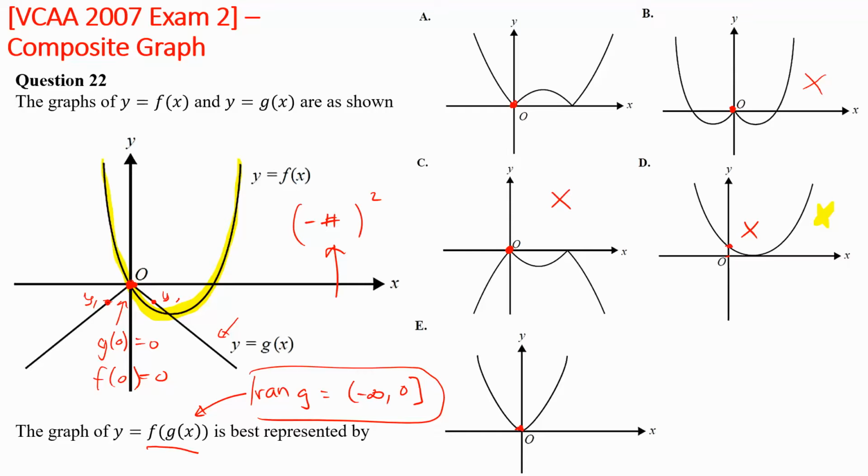And if it was -1, then in both cases, I'm still subbing in -1. So you should have a symmetrical look on both sides. So that's why this can't be the answer. And E is the answer because that is the only one that's symmetrical when you're only substituting negative numbers. Okay, if that makes sense. Yeah, so the answer is E for those.